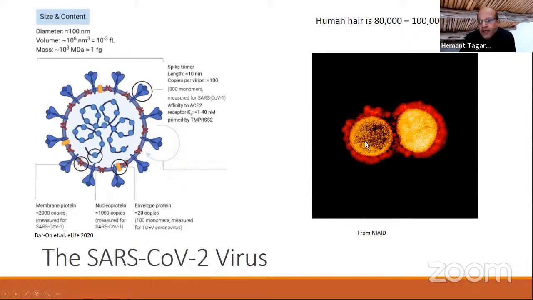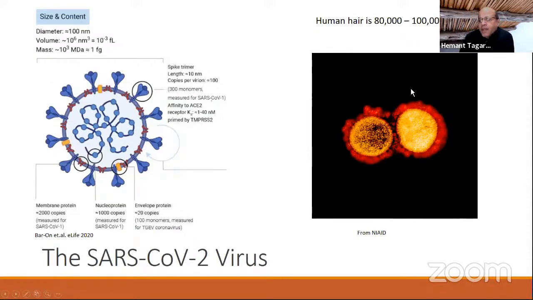So if you actually take an image of this virus, this is an electron microscopy image from NIH. This is the National Institute of Allergies and Infectious Diseases, the institute that Dr. Fauci heads. That's what the images of the virus look like. And this fuzzy stuff you see around it is actually the spike protein.